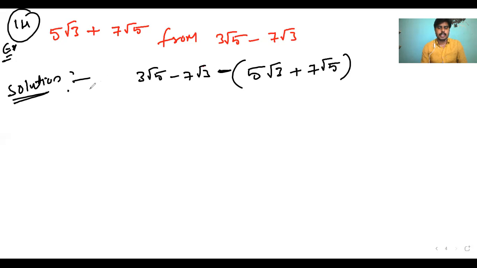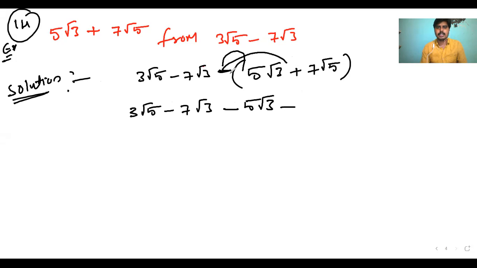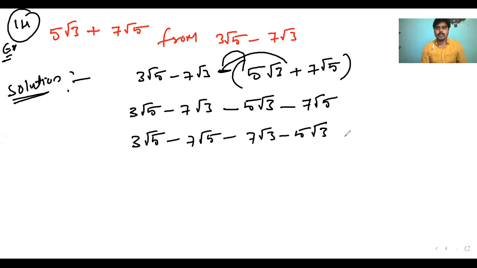Next, 3 root 5 minus 7 root 3, minus into plus becomes minus, that becomes minus 5 root 3, and minus into plus again minus, so minus 7 root 5. Write root 5 terms on one side, that is 3 root 5 minus 7 root 5, and root 3 terms on one side, that is minus 7 root 3 minus 5 root 3.